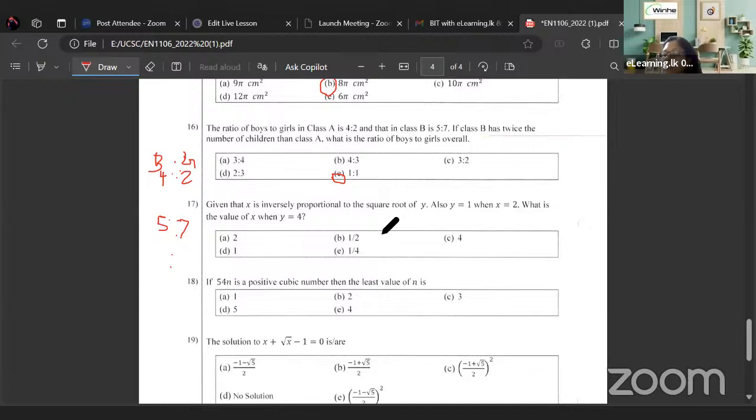What is the answer for question number 17? How do you find this?